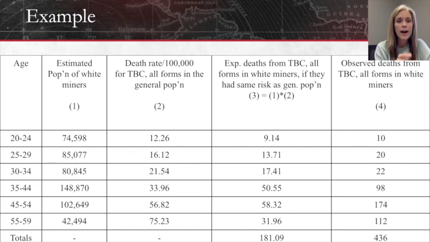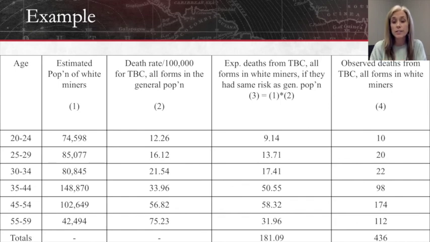And so you apply column 1 times column 2, so you take the estimated population numbers per age group, times the death rate from the standard population, and ultimately you get the expected number of deaths if your study population, Caucasian miners, conformed to the general population numbers.